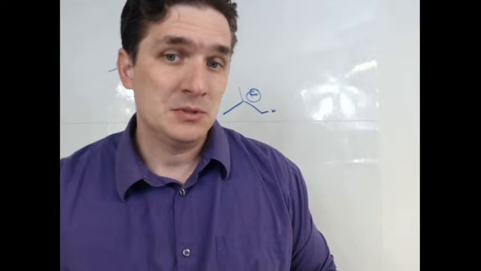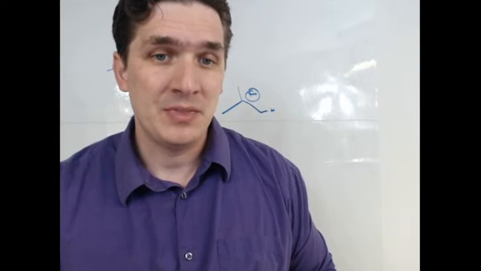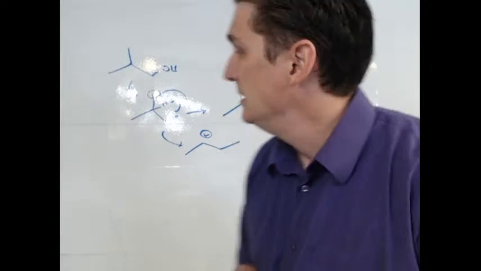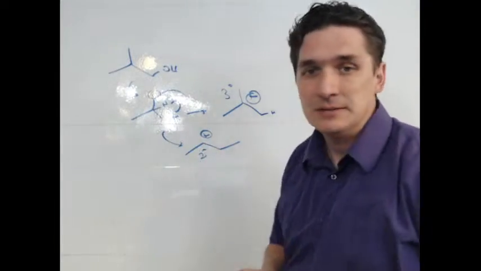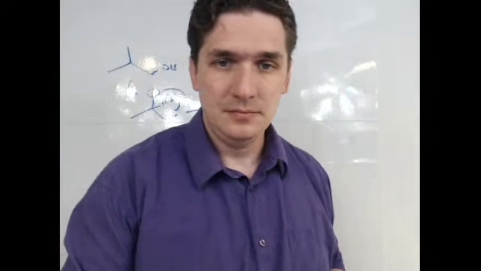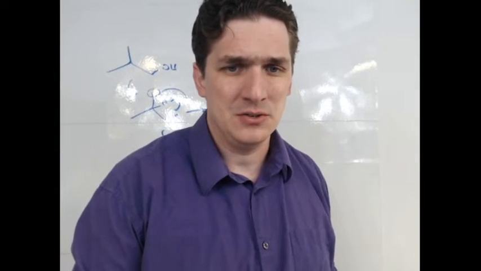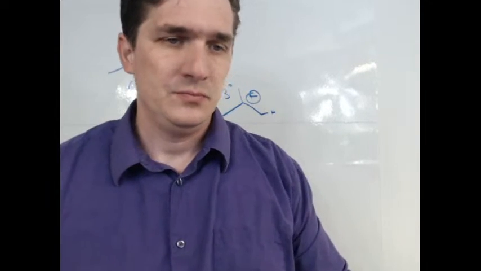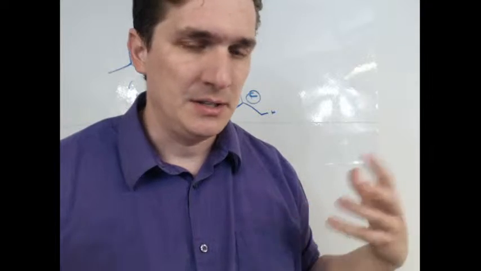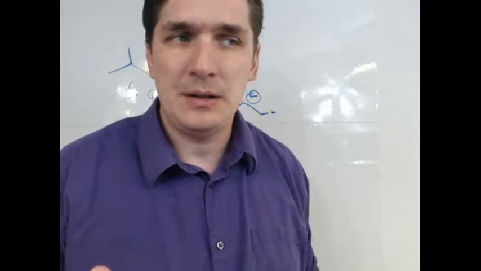So which do you think will predominate, a hydride shift or a methyl shift? The hydride shift here is going to predominate because you end up with a third-degree carbocation versus a second-degree. And also just kinetically, the methyl is bigger, so it moves a lot slower. Even so, since the methyl product is more stable, you'd probably get a fair amount of that product, but you'd still be kinetically limited.